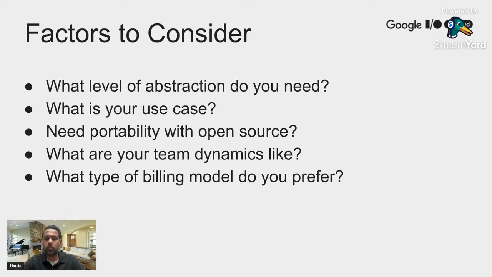So are you building an application that is supposed to serve a million users, or are you just building a special case application that is only going to be available to 100 users? The other thing that you also need to consider: do you need it to be portable with open source, or are you using some sort of application that is already developed and is not open source? So you need to consider that also.